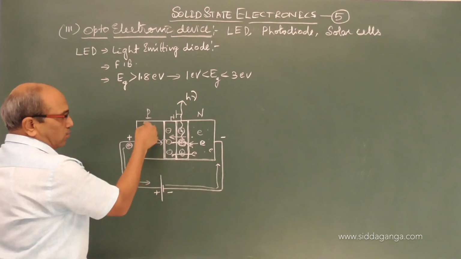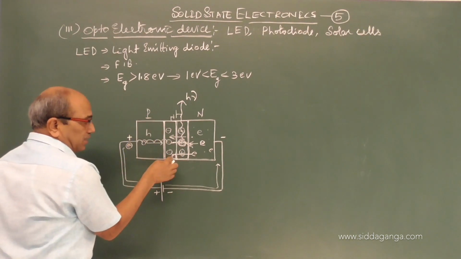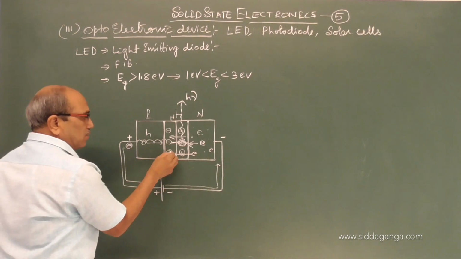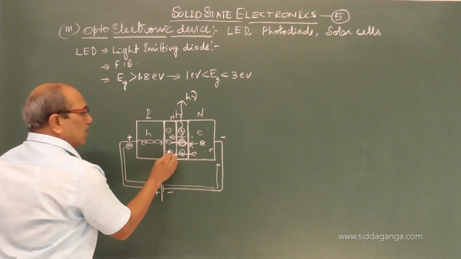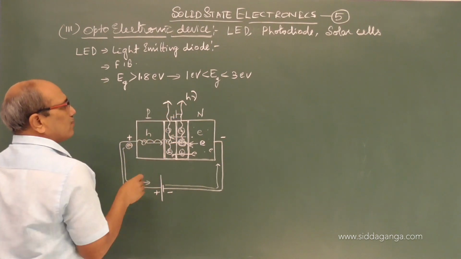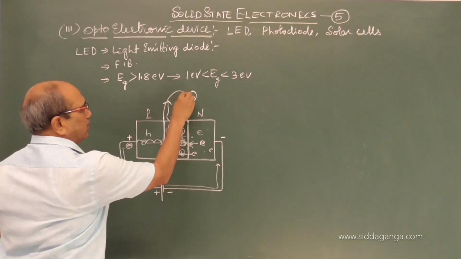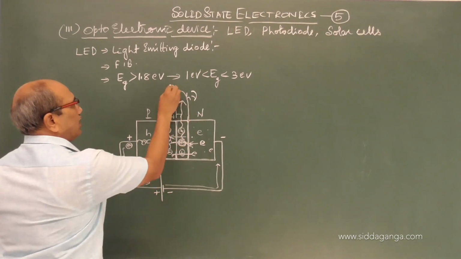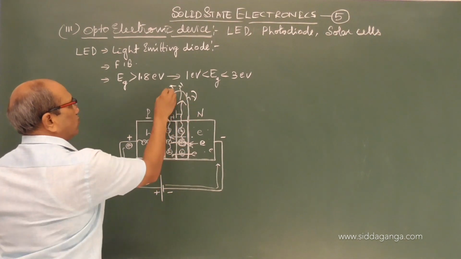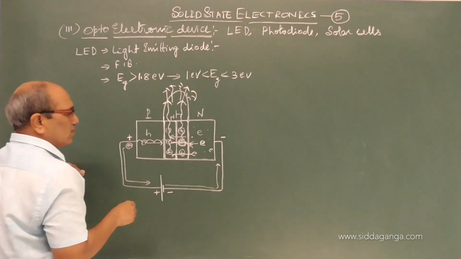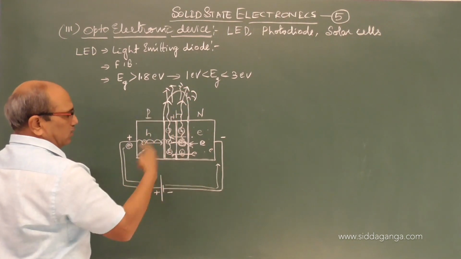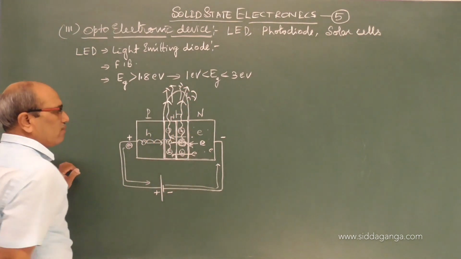Majority carriers are holes. This minority carrier electron is captured by the hole in the P region and radiation is emitted. Suppose I make it a transparent region, the light starts to emit through this. That depends upon the rate at which the diffusion is on.